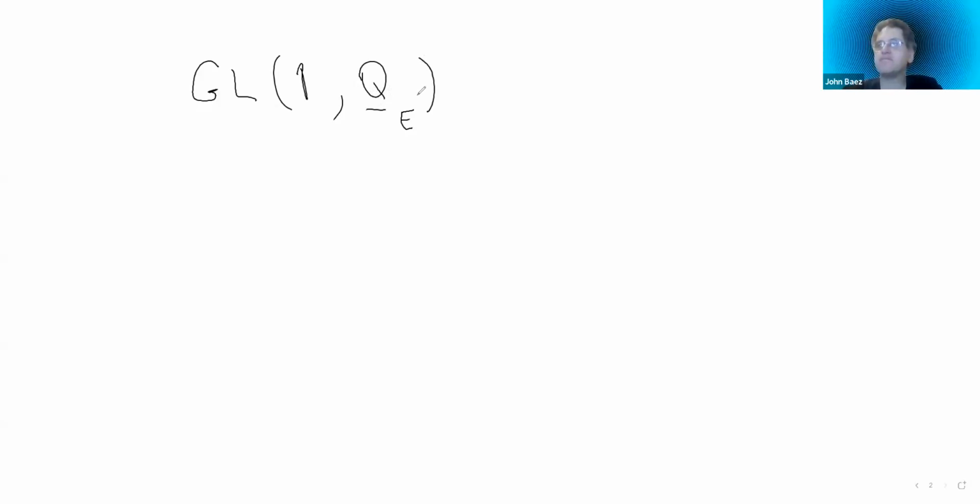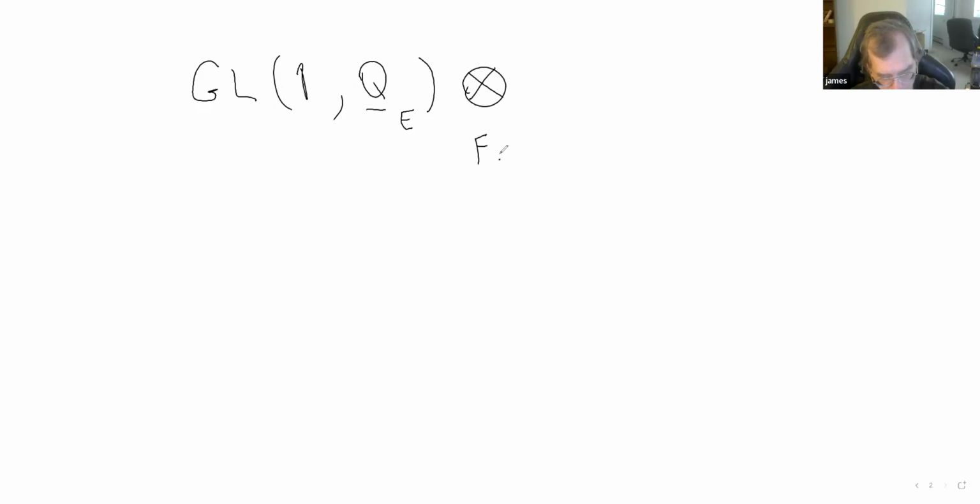But on the other hand, suppose we take this abelian group. So yeah, I'm now thinking of this as an abelian group. And as an abelian group, I'm tensoring it with the 3-element field.